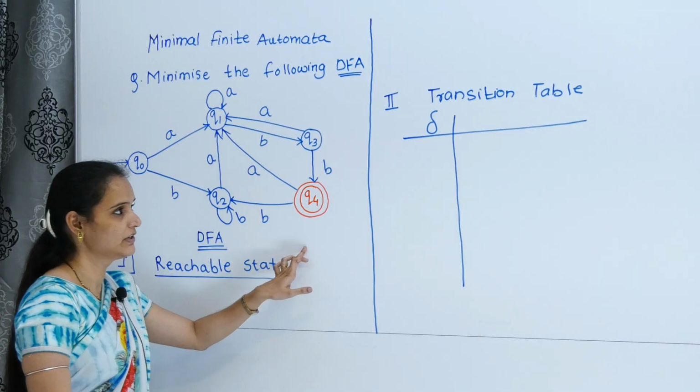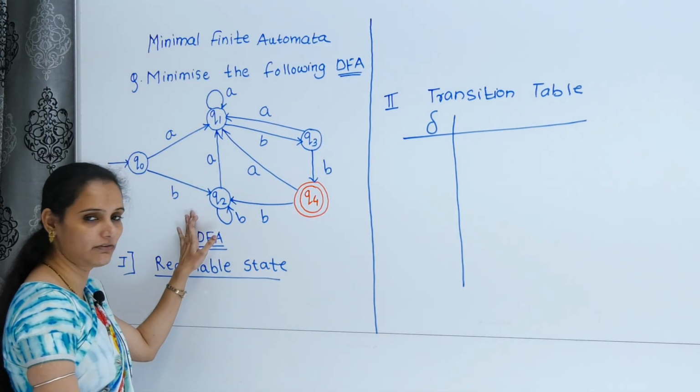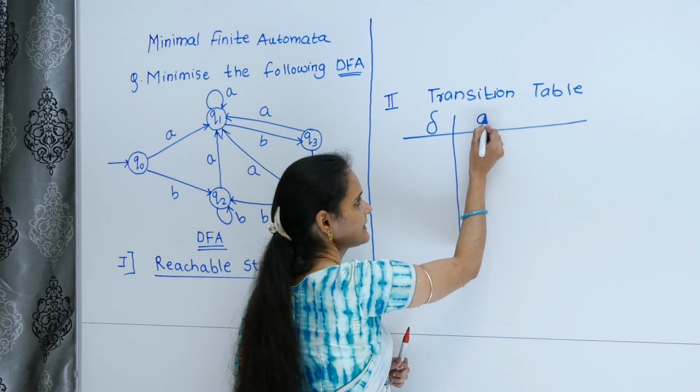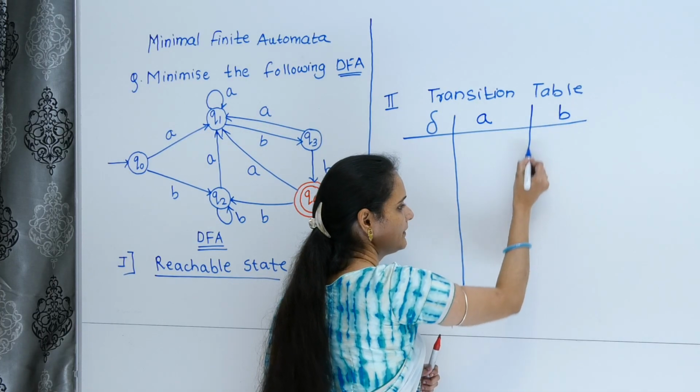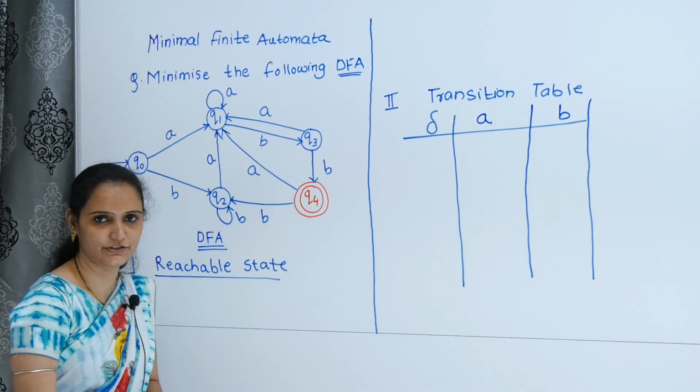The input alphabets are A and B, which I am writing over here, and that is my transition table.